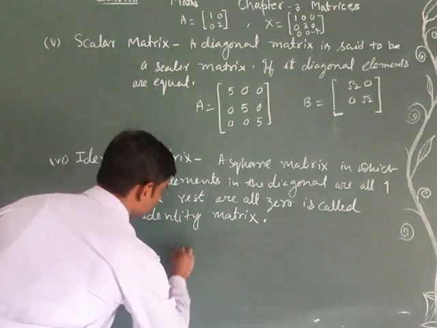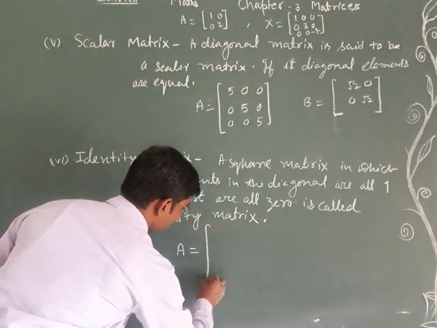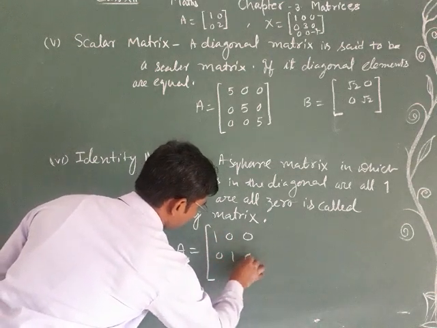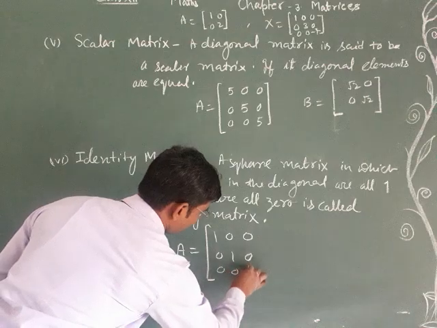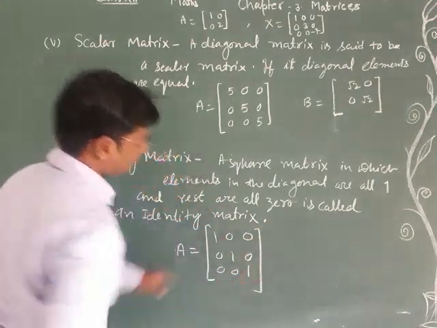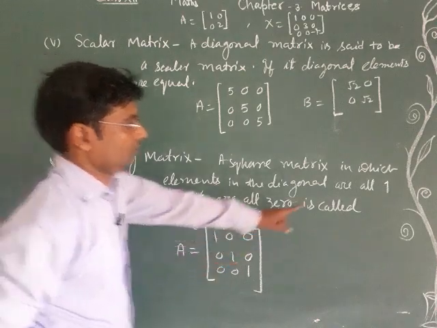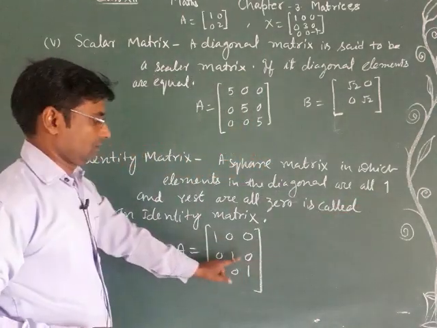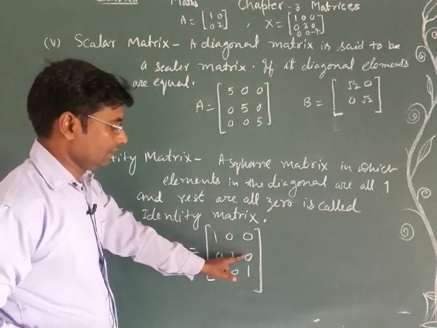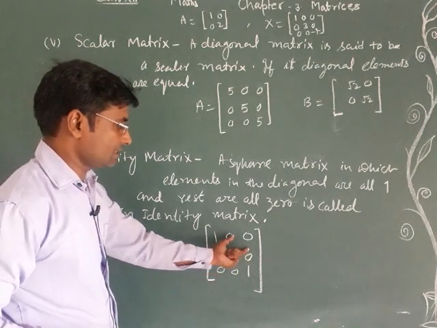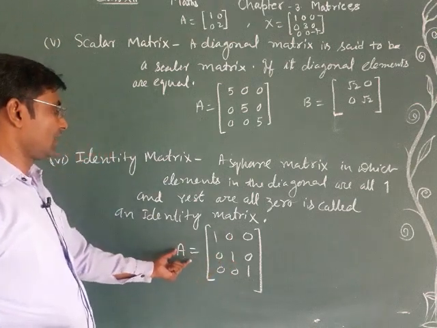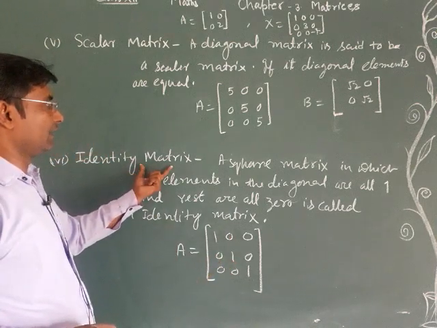For example, the matrix 1, 0, 0, 0, 1, 0, 0, 0, 1. The diagonal has only 1 and the rest of the elements are 0. This is called an identity matrix.